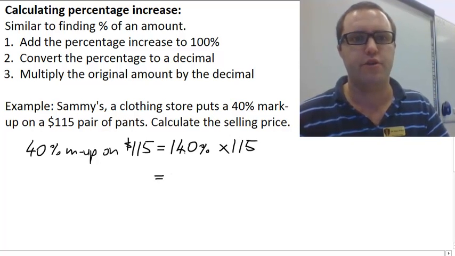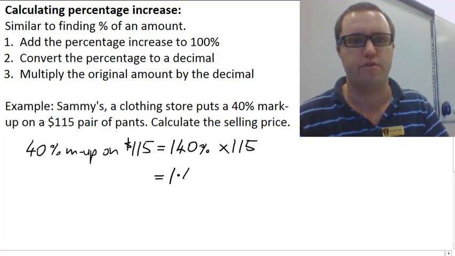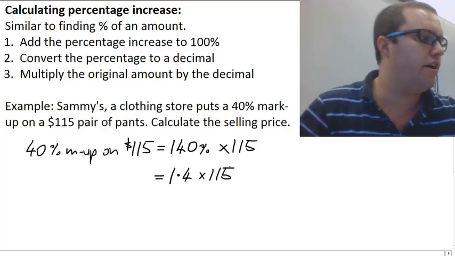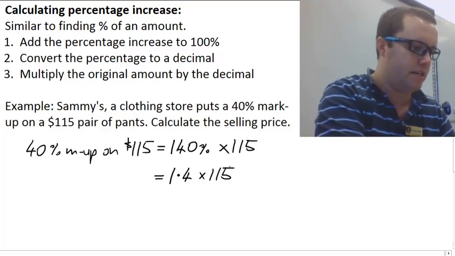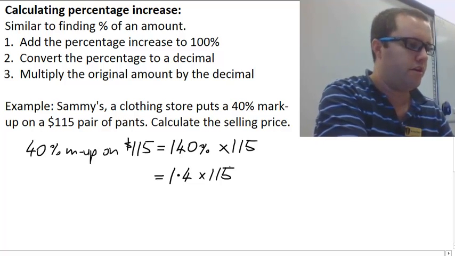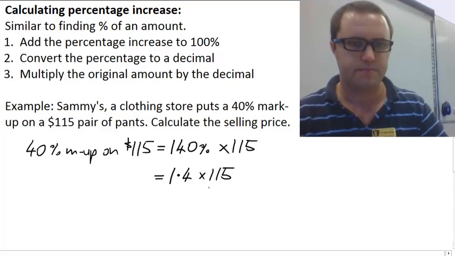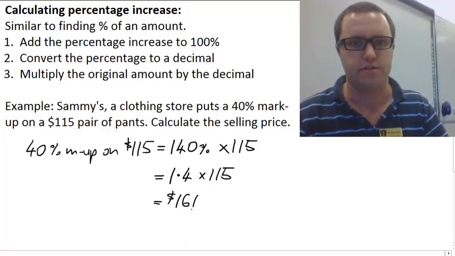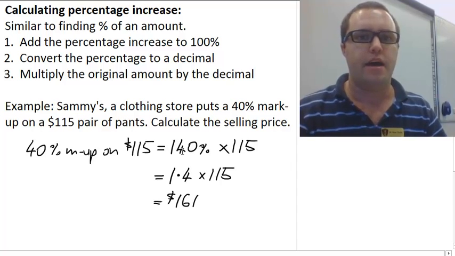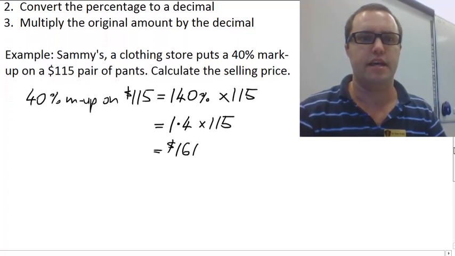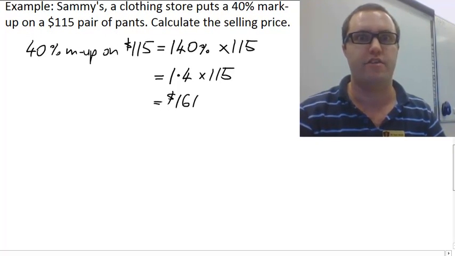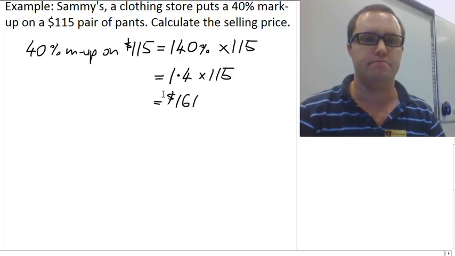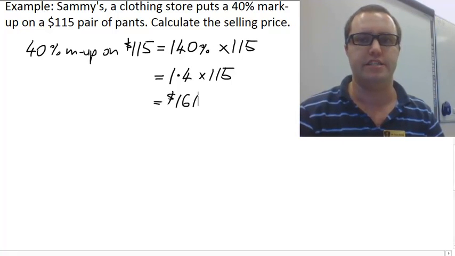Okay, 140% as a decimal is 1.4 times 115, and you'll find that out on your calculator quite easily. 115 times 1.4 is $161. Okay, very, very easy one to do. Now in class I'll show you how to use your calculator to find that even quicker, but this sort of thing's very easy to do.